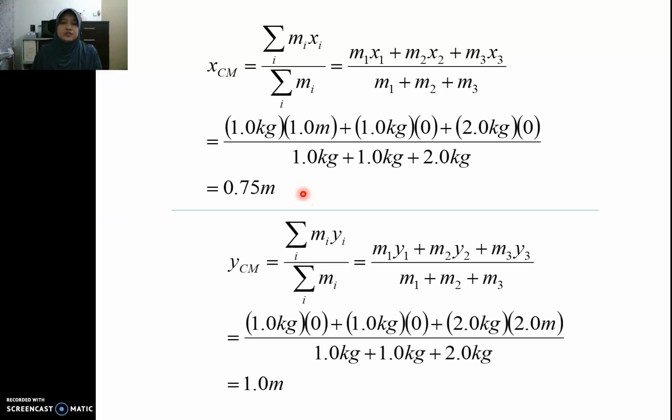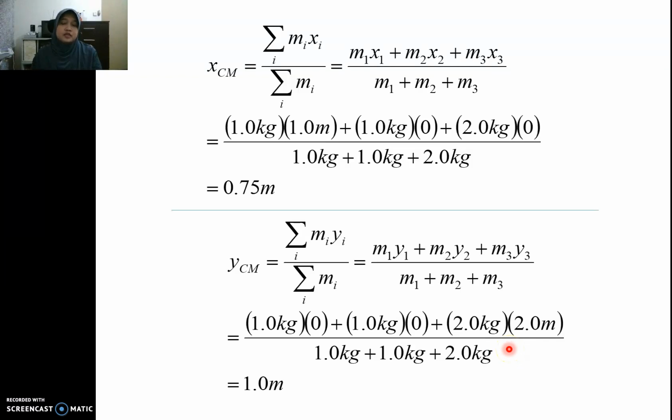We do the same for ycm, where we take y1, y2, and y3, which are the vertical distances from the particles to the axis. For particle 1 and particle 2, it's 0 because they don't have any distance from the x-axis. Only particle 3 has a distance, which is 2 meters.